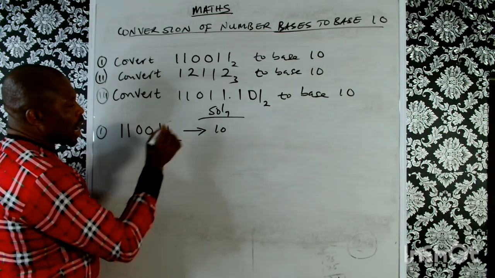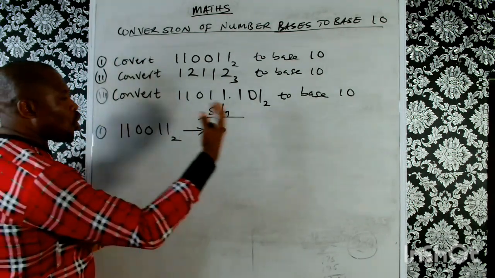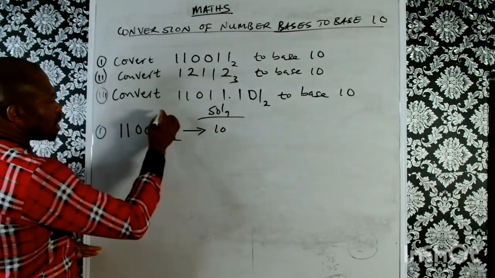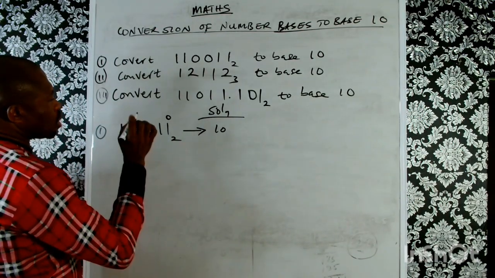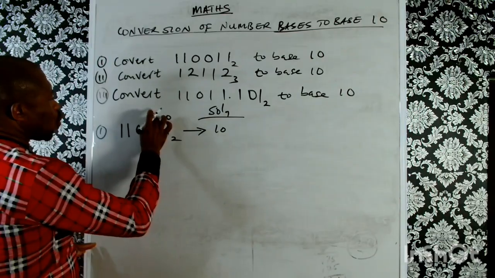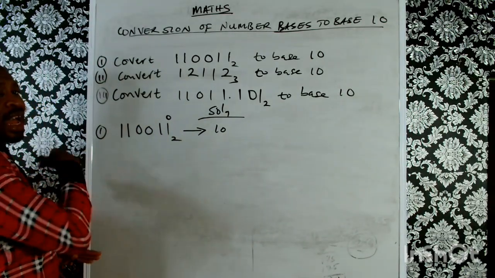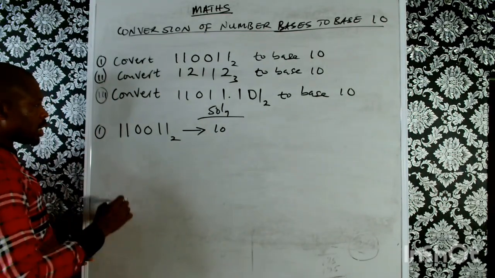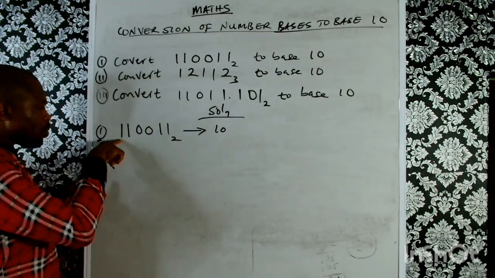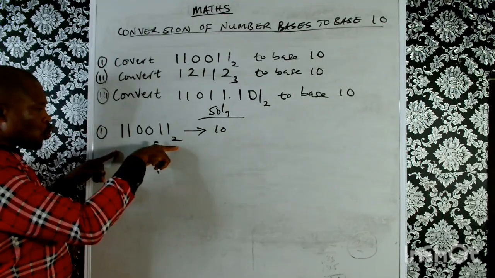Before we do that, we assign numbers from right to left, starting with 0: 0, 1, 2, 3, 4, 5, as the case may be. Now we take the first one. Like we said, multiply each of these with the base.